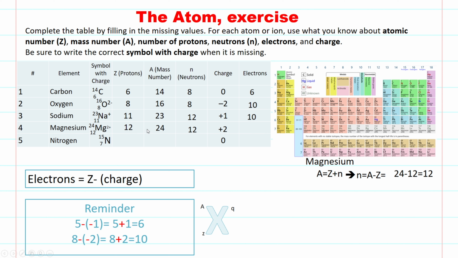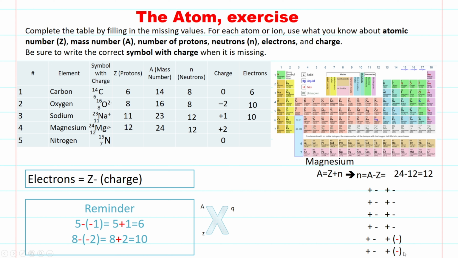Electrons equals 12 minus 2 equals 10. Just double checking, we have plus, minus, plus, minus, and so on, if it's neutral.